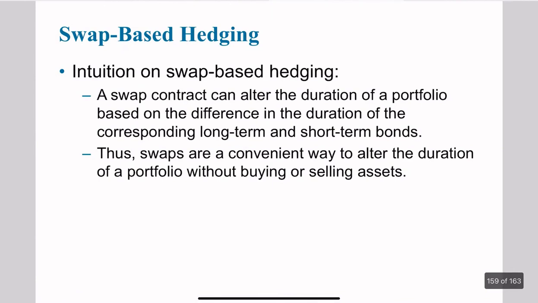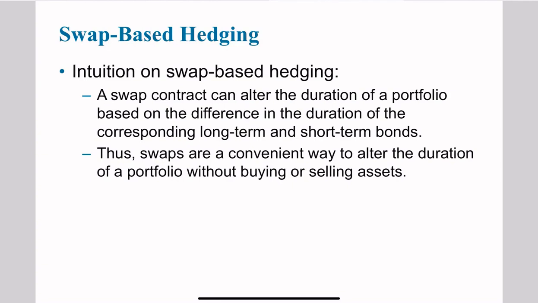Okay, now we could formally talk about hedging with swaps. So first, what's the basic approach here? Well, we know that we can consider a swap contract as a long position in one bond and a short position in another bond.